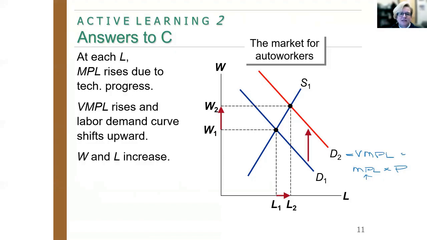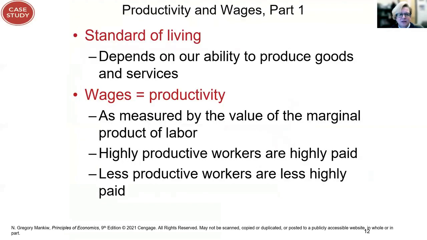So all of this derived demand of labor and supply translates into a couple of things. One is, in taking a deeper look at this value of the marginal product of labor, we're interested in two things specifically. One is productivity, the second is wages. And so remember that our standard of living depends on our ability to produce both goods and services.